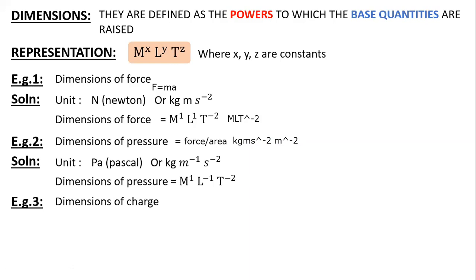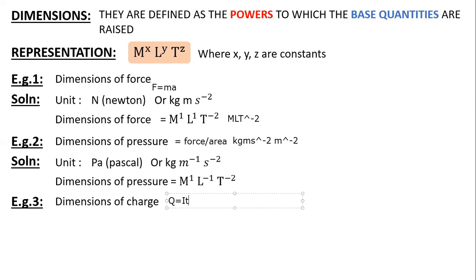Similarly, anyone, what about the dimensions of charge? Yes, your formula for charge. Yeah, correct, Shiv. So charge is written as current into time, I T. In the form of dimensions, current is a basic quantity.